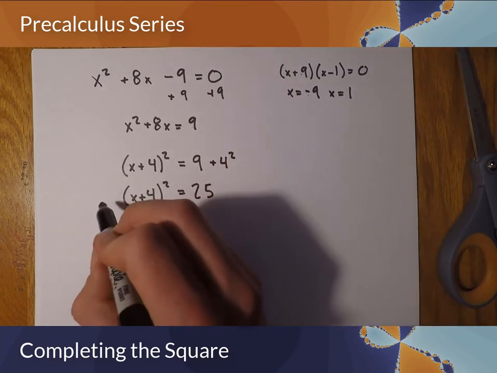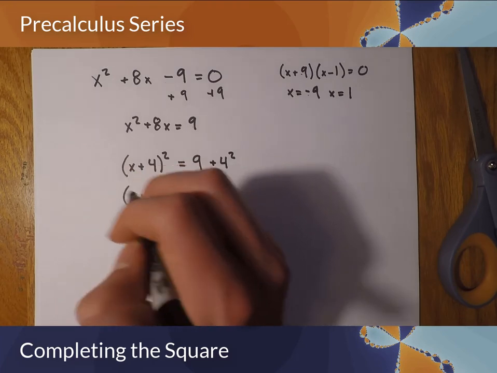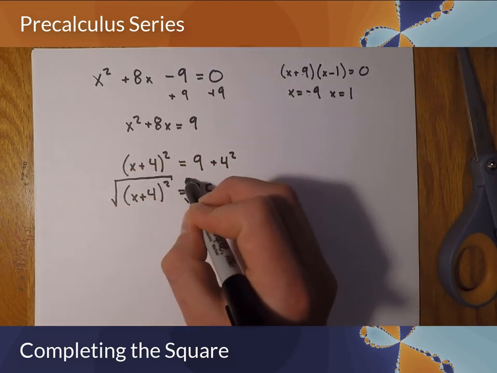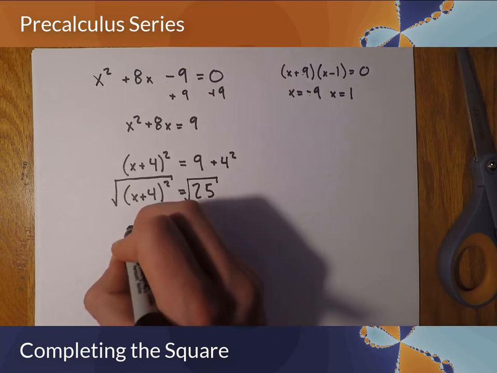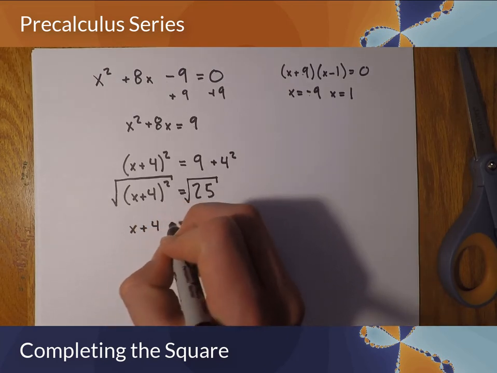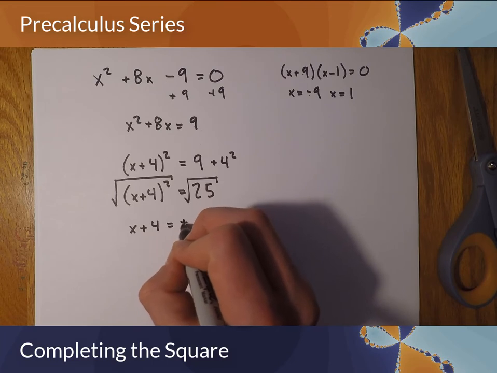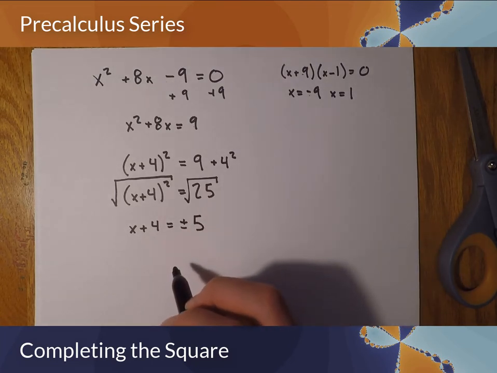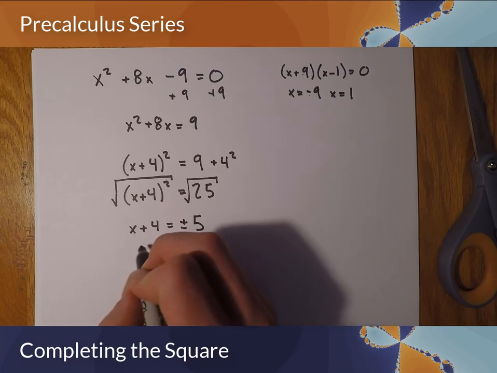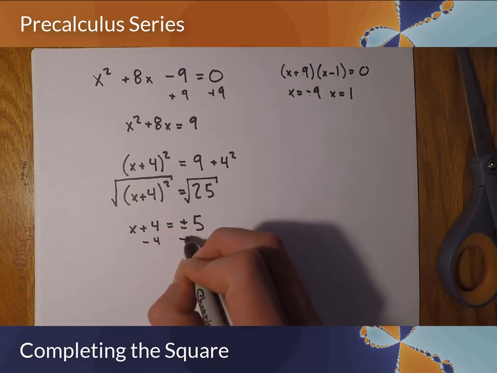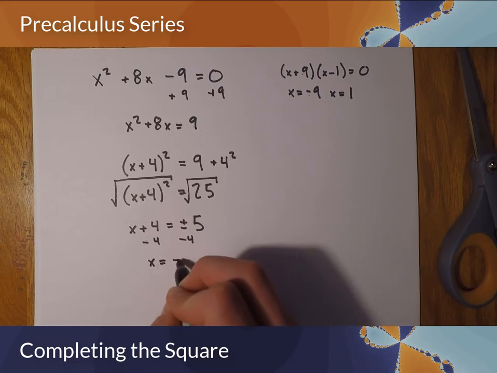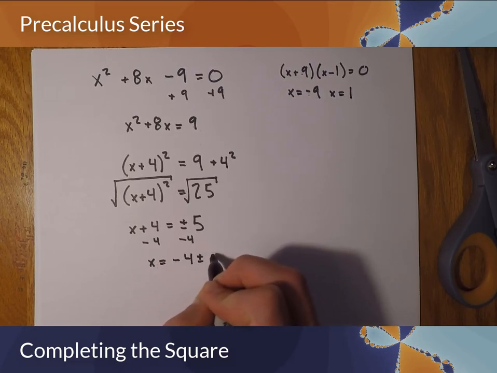So now we want to get rid of this squared, so we can just take the square root like this. And you're left with x plus 4 is equal to positive or negative 5. And so we can subtract 4 from both sides. What we're left with is x is equal to negative 4 plus or minus 5.